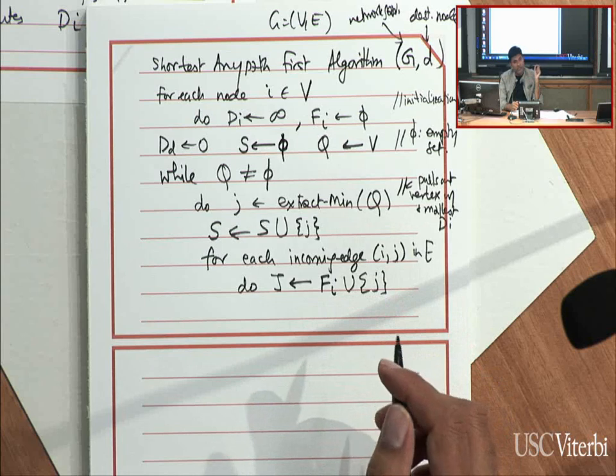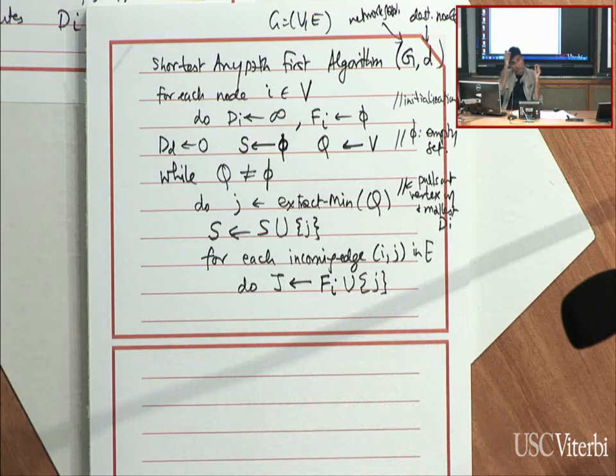Maybe currently their forwarding set is empty, so you will add j to the top, or if they already have a forwarding set, this node j is going to go to the bottom of that set.